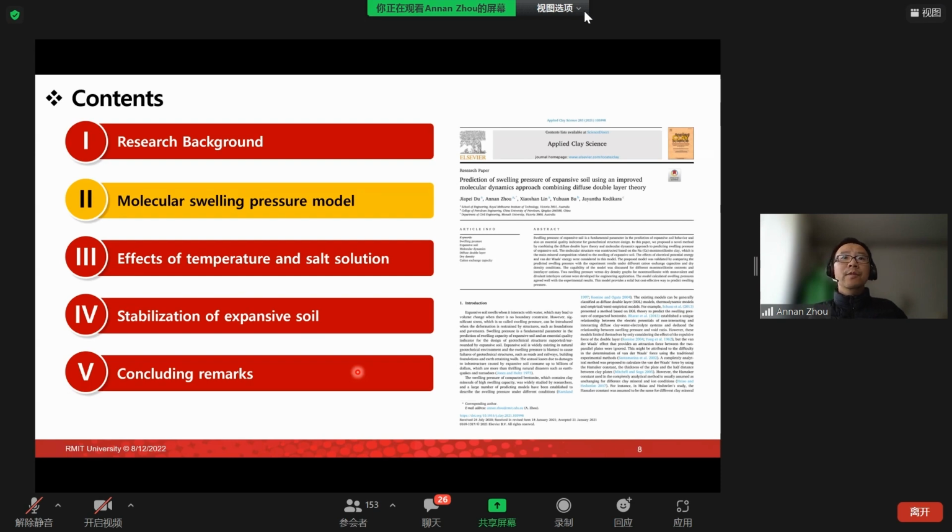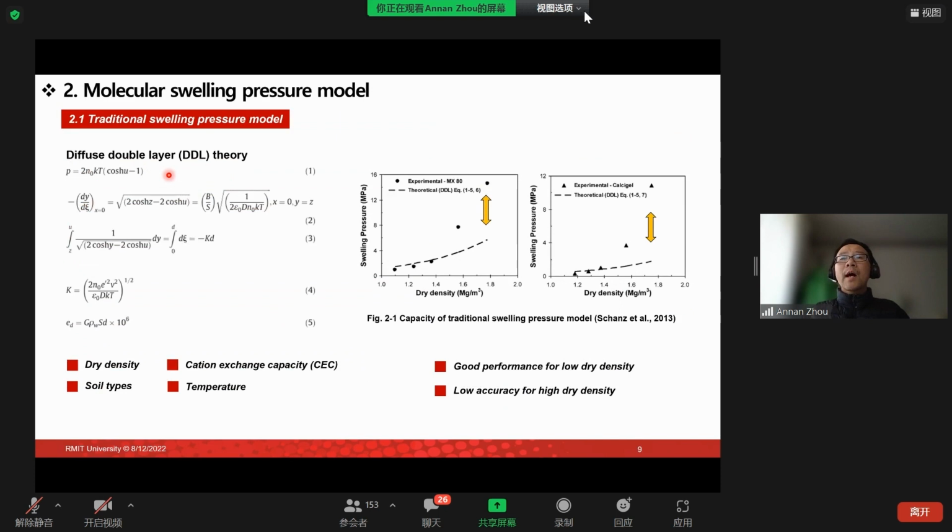So the DDL method has been widely used for predicting swelling pressure of montmorillonite, which is a key swelling clay mineral for expansive soils. Through the DDL method, we can calculate the swelling pressure P by using these equations if we know dry density, soil type, cation exchange capacity, CEC value, and the temperature.